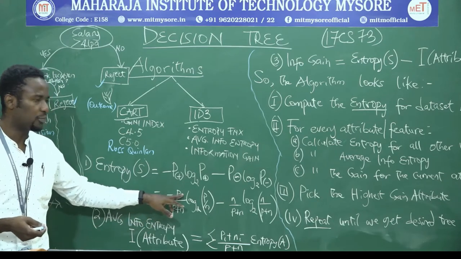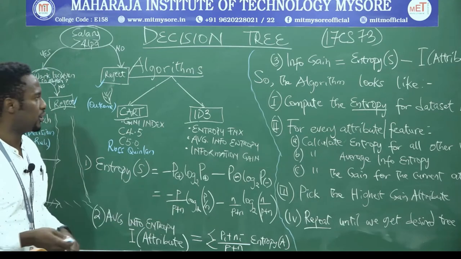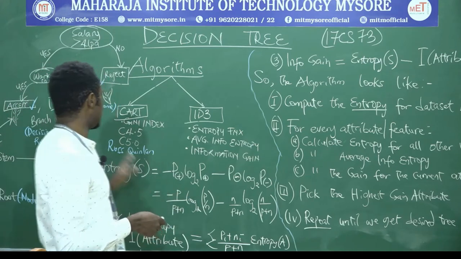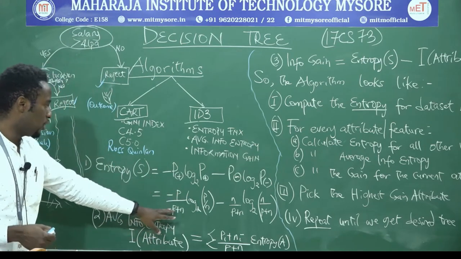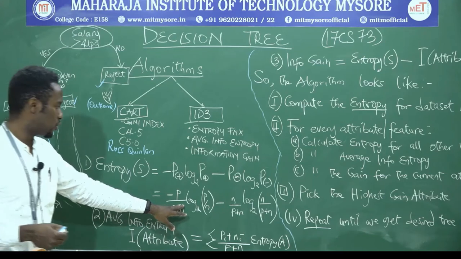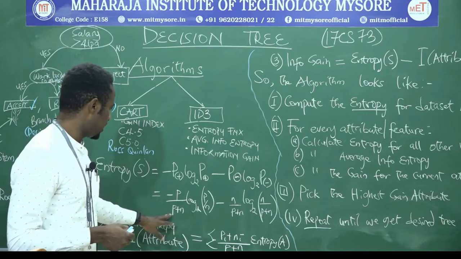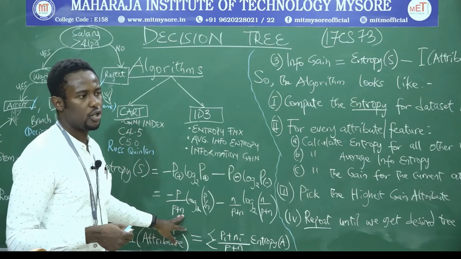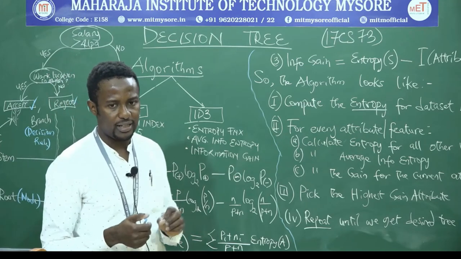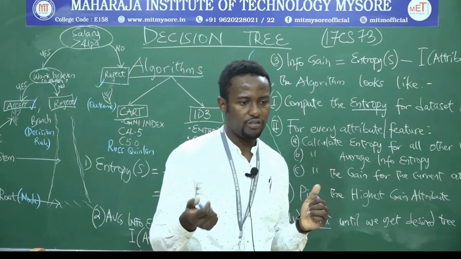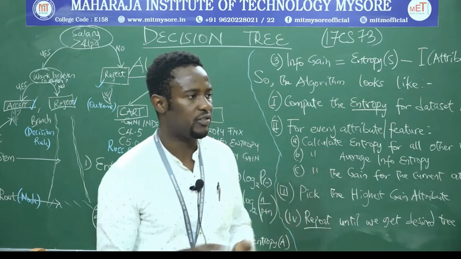I will give you a small data set and we will look into that. You have all the positive samples, and all the negative samples, divided by the total. Say the data set consists of 5 positive examples and 3 negative examples.